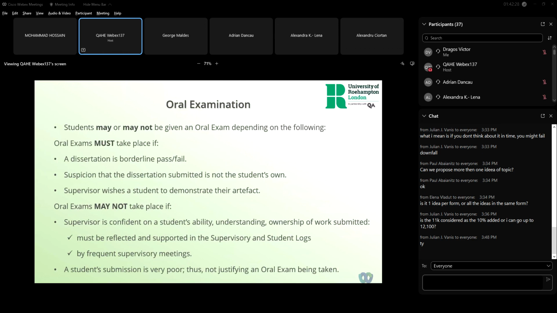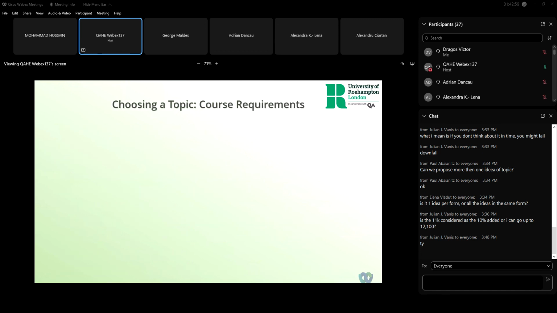So now you may fail, and if your fail is poor, you're not going to get a chance for an oral examination. Because if you get 25%, how can you shift the 25% into the 40? You can't, right? So be aware that this is a tool that we may have to use to make your life uncomfortable, for example, but at the same time give you the chance to convince us that you're worthy to pass. Okay.